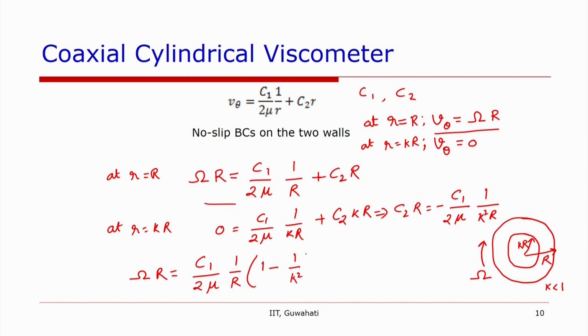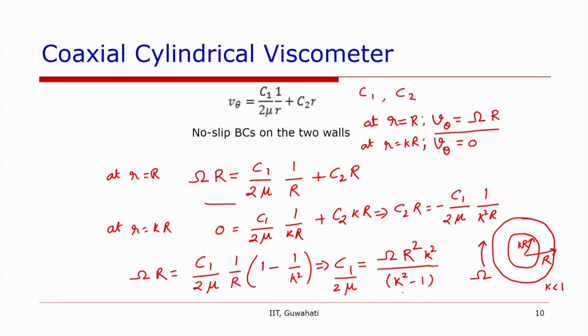So there is only 1 over kappa square there. So this gives us C1 over 2 mu is equal to omega R square divided by kappa square into kappa square minus 1. So C1 by 2 mu is equal to omega R square kappa square divided by kappa square minus 1.